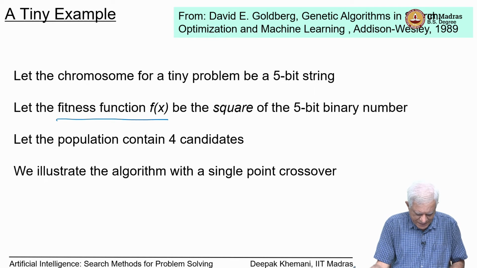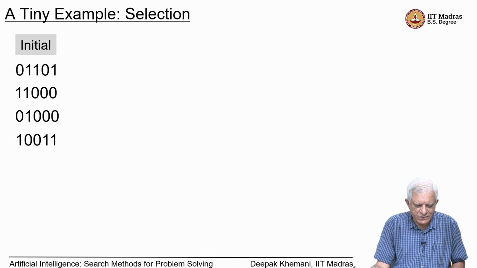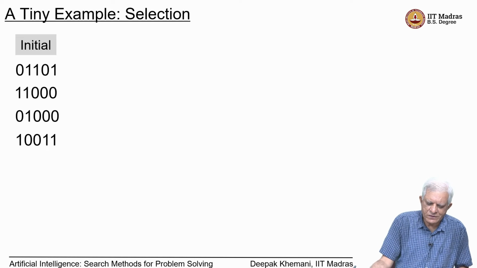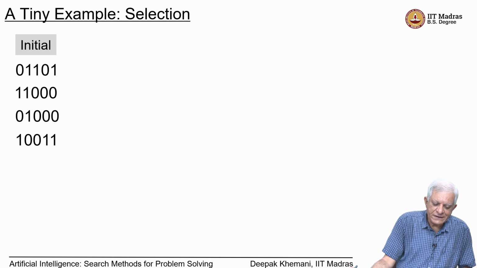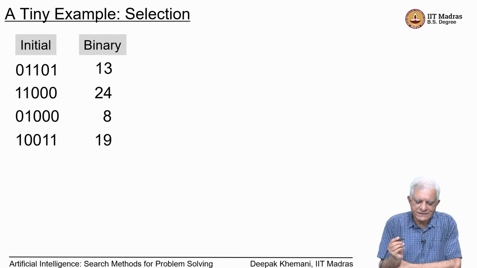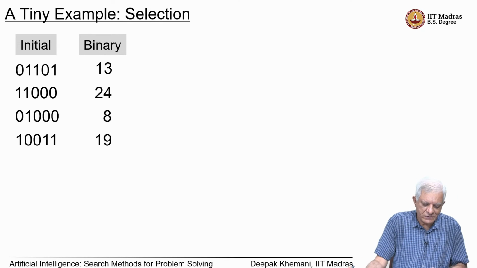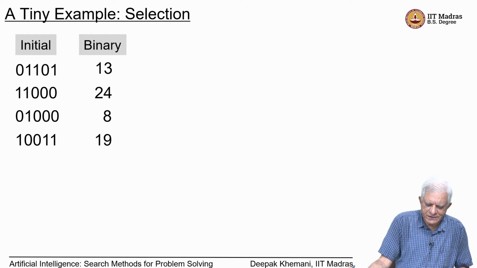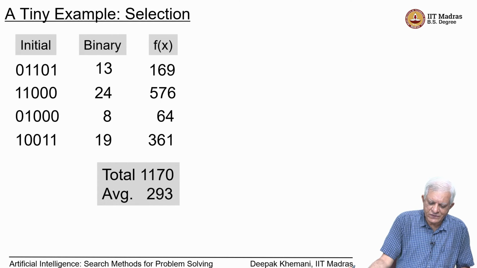So, we illustrate this algorithm with a single point crossover. So, here we have started with some 4 random candidates, and their binary representations are as shown: 13, 24, 8 and 19. These are the numbers that they stand for. The fitness function is the square of this, if you remember.